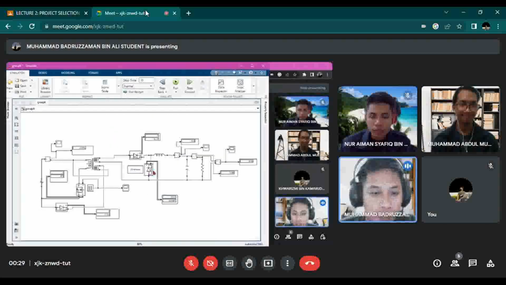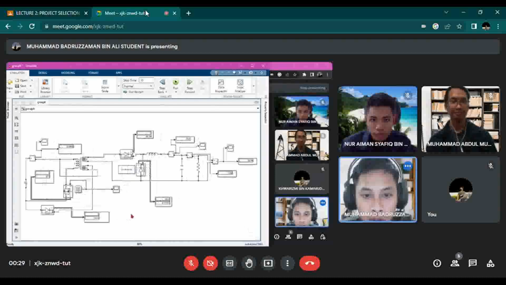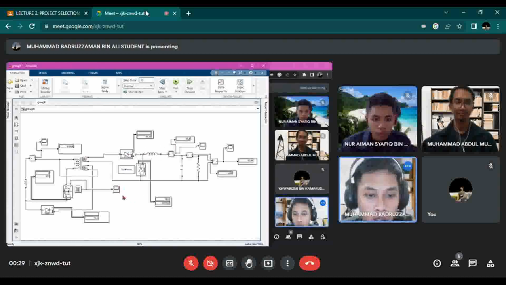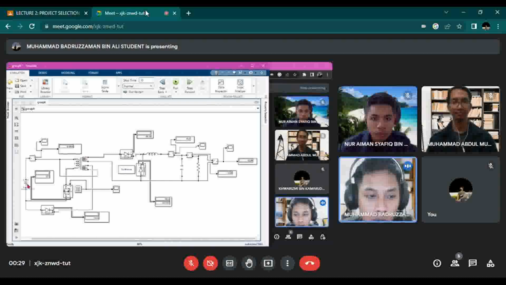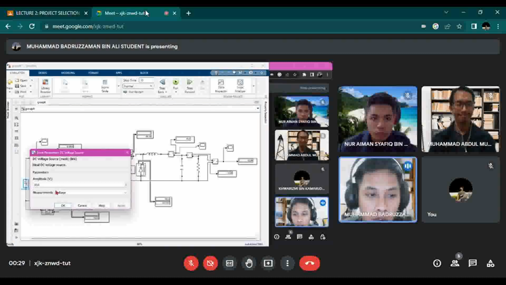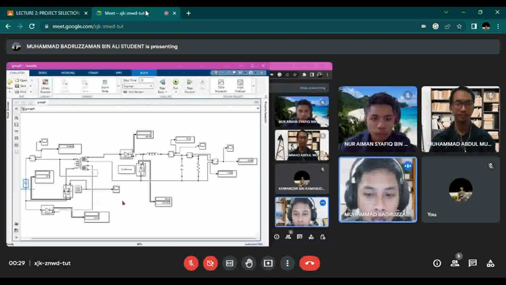Assalamualaikum warahmatullahi wabarakatuh. So I will proceed with the simulation. For our group project, we use Simulink to generate our circuit, this forward converter. For input voltage, we use the maximum voltage, which is 310.